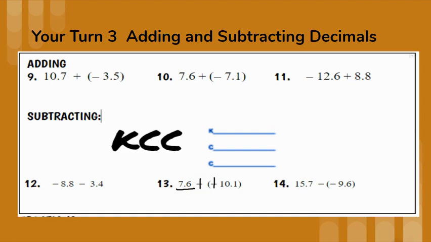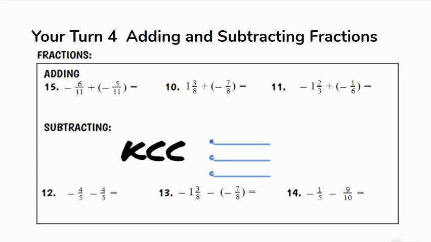So that goes back to that first rule, where you keep the sign of the larger one and get the difference between the 2. So go ahead and try this your turn, and your answers will again be at the end. Pause and work through it.